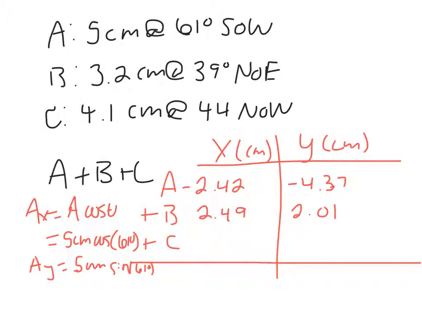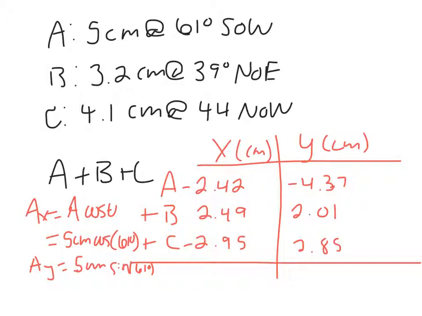Looking at vector C, x component is 4.1 cosine 44 degrees. This is 2.95 centimeters. Y component, 4.1 sine 44 degrees, is 2.85 centimeters. This is north of west, so my y component is positive, my x component is negative.